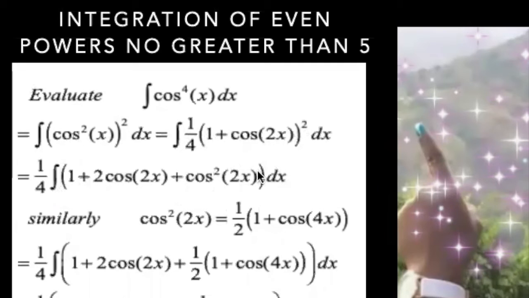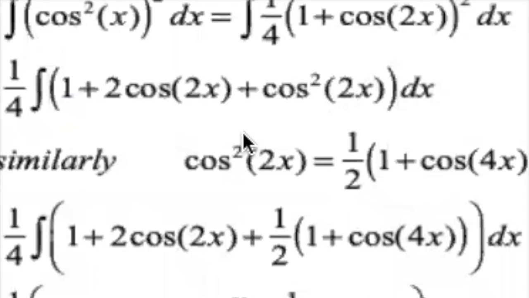Now, cos square 2x, we can apply the rule once more. Remember, cos square a is equal to a half, open bracket, 1 plus cos 2a, close bracket. So if I have 2a, then this will double to give us 4a. So here we have 2x, so we double it to get 4x. So it's a half, open bracket, 1 plus cos 4x.